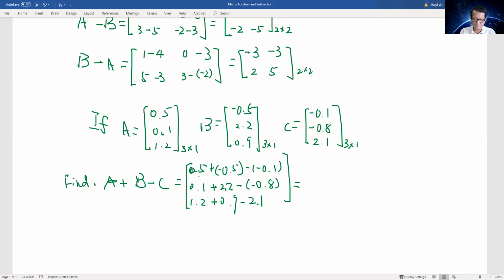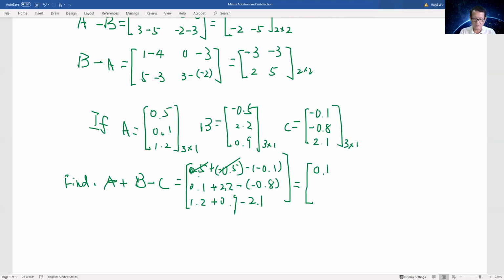So we have, okay, this first one, 0.5 take away 0.5, which is 0. So the answer will be positive 0.1 only, since those two cancel out. Then 0.1 plus 2.1 is 2.3.